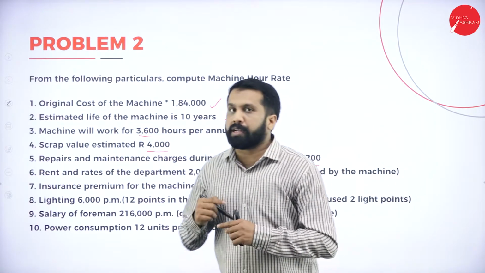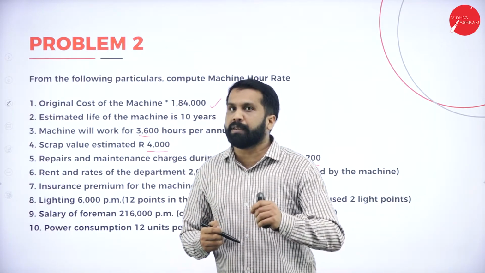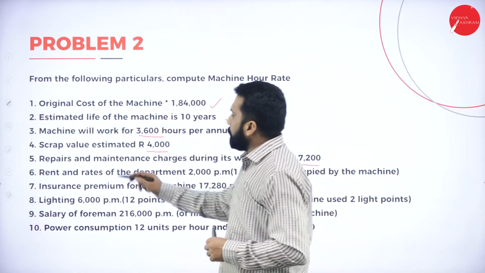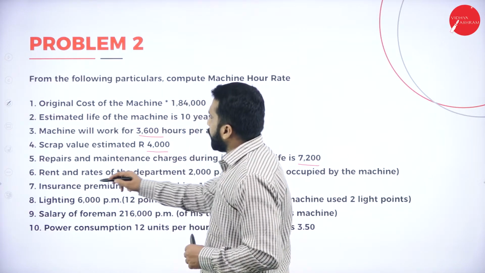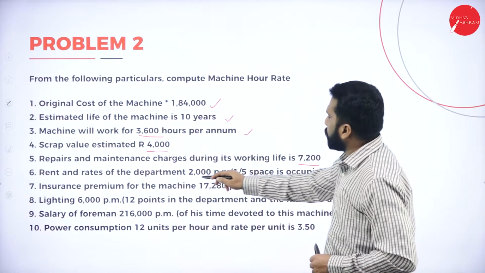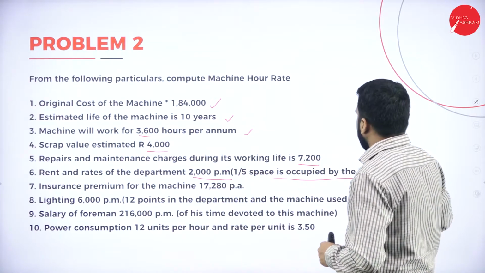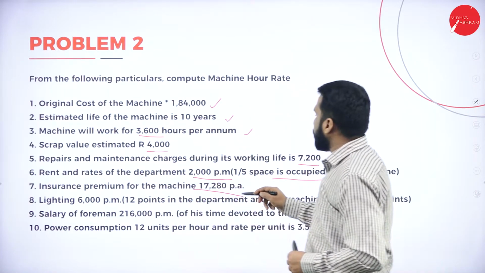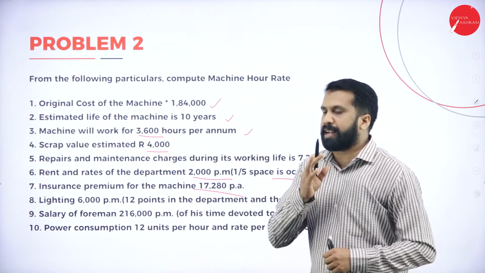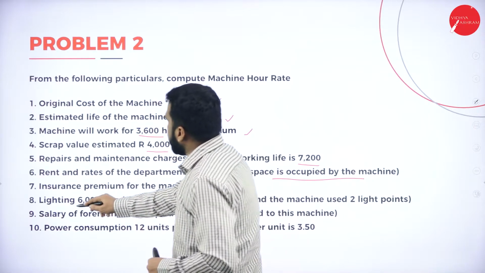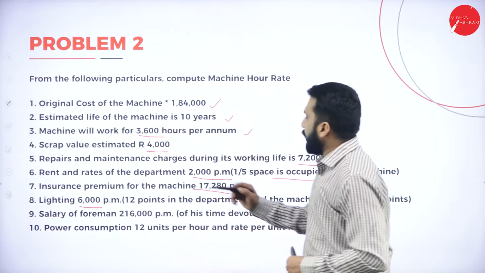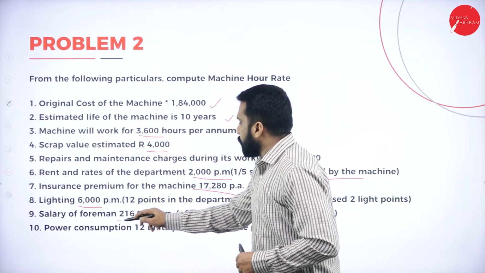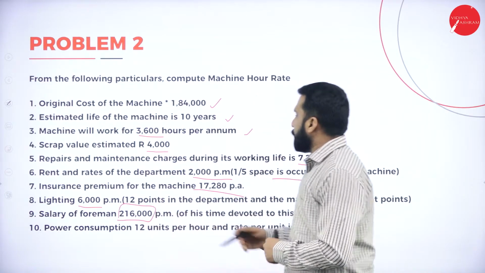Then repair and maintenance of rupees 7,200. Everything we are supposed to convert to what? Per annum, per year. Then repair and maintenance is over. Rent and rates of the department 2,000 per month. Insurance premium for the machine 17,280 per annum. Next, lighting 6,000 per annum and salary of foreman 2,16,000 per month.